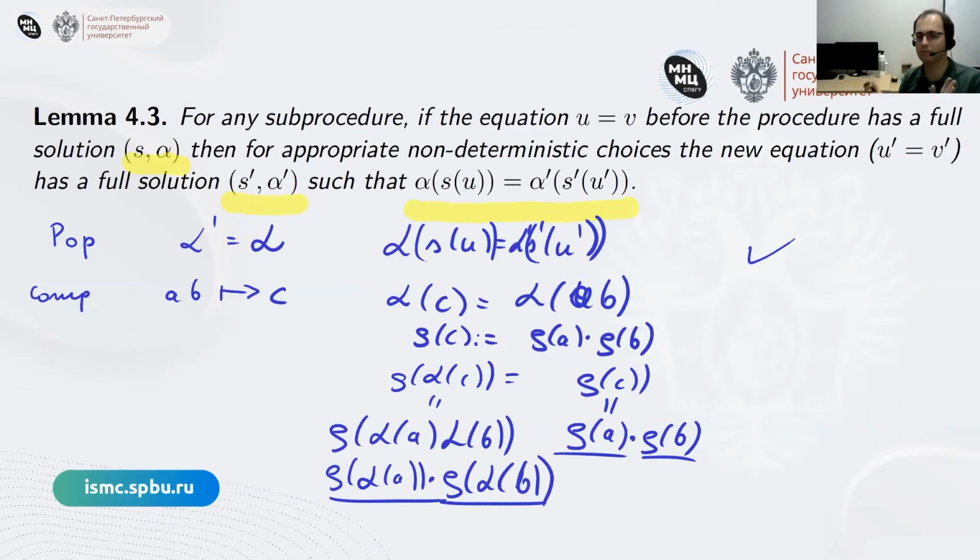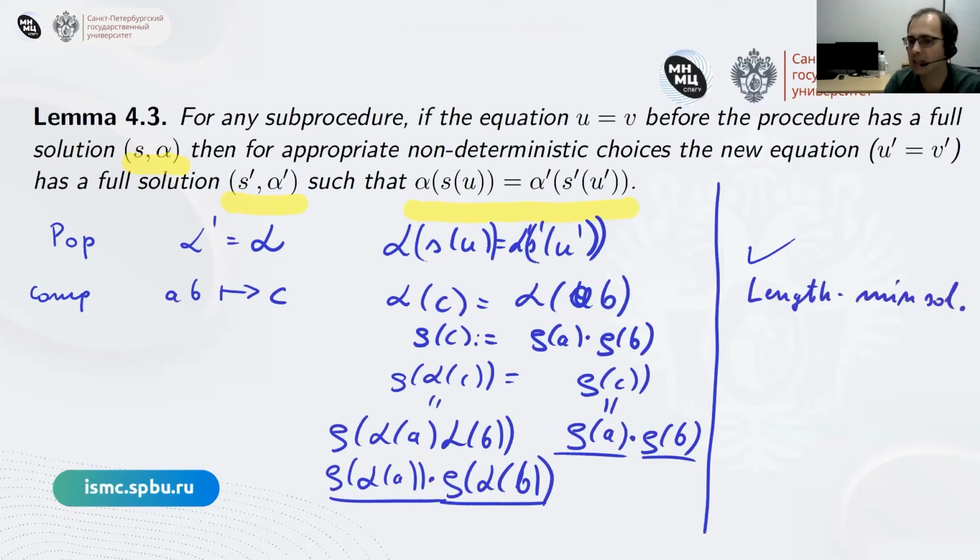Okay, but it should be said that this is relatively easy. So in a sense, we can think that previously we were working only with a length minimal solution, and the only thing that we kept during the run of the algorithm is that there is a solution and that the length decreases.